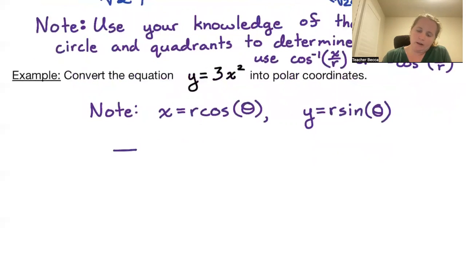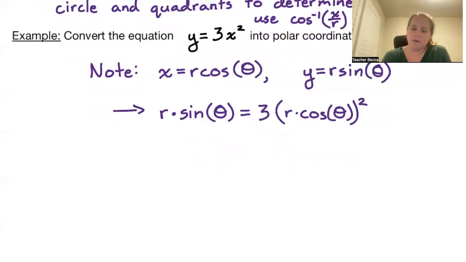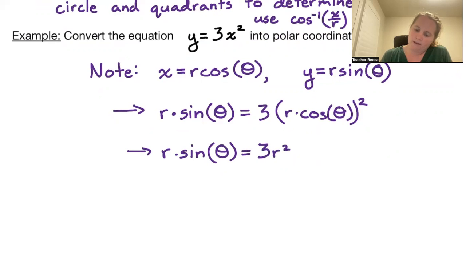So we simply have r times sine of theta is equal to 3 times r cosine of theta, that entire r cosine of theta being squared. Or in other words, r sine of theta is equal to 3r squared times cosine squared theta.